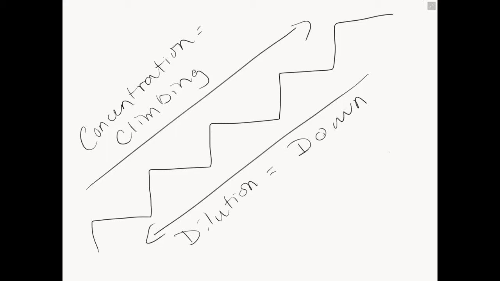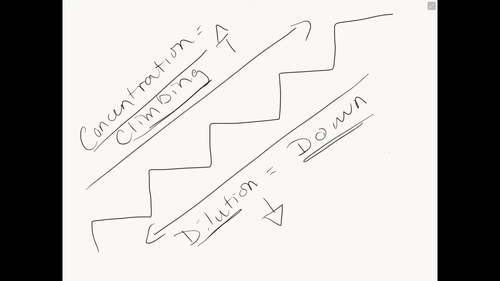And what I mean by climbing or going down is that if a fluid is concentrated, the lab value will climb or be higher than normal. And if a solution is diluted, the lab value will go down or be lower than normal.